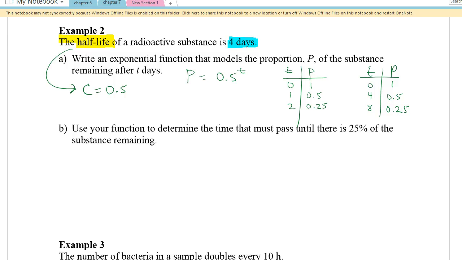We are taking this 1 and we are turning it into a 4. In other words, we are taking our x values and multiplying times 4. So this 4 days piece means that we are going to be multiplying our x values times 4. And what happens?